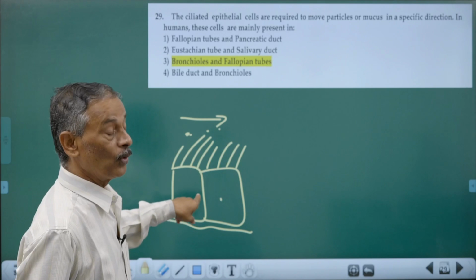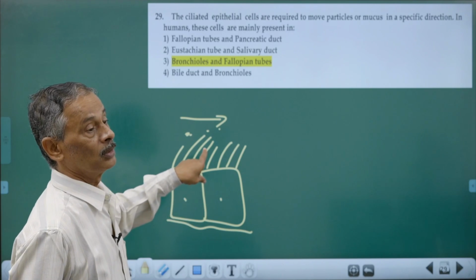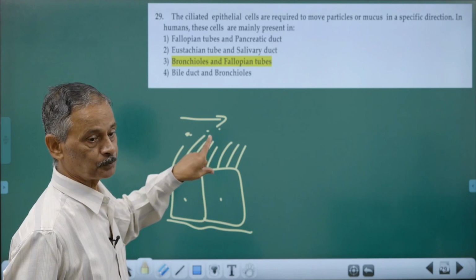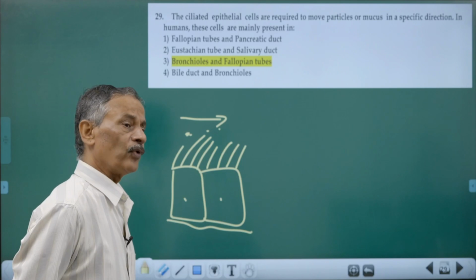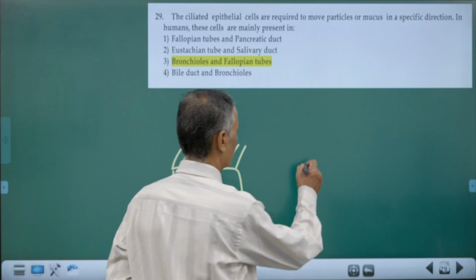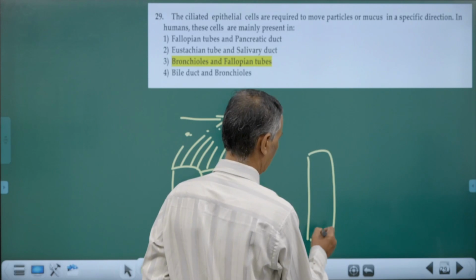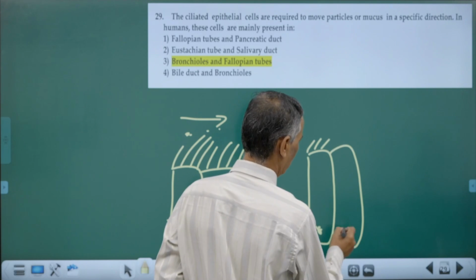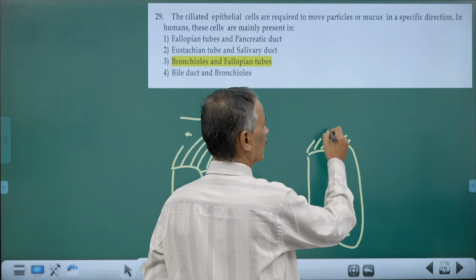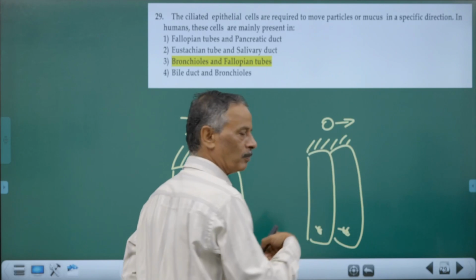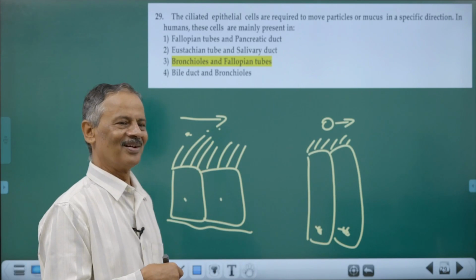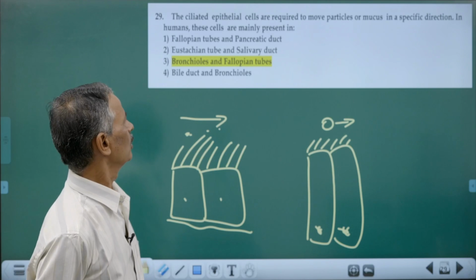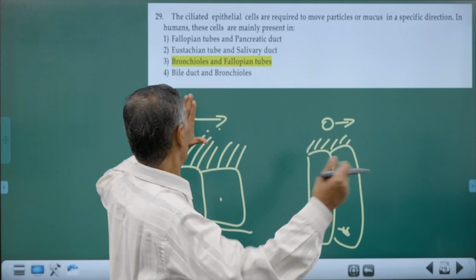Similarly, you have long, that is tall, ciliated cells in the fallopian tube, and the fallopian tubes are moving the ovum towards the uterus.